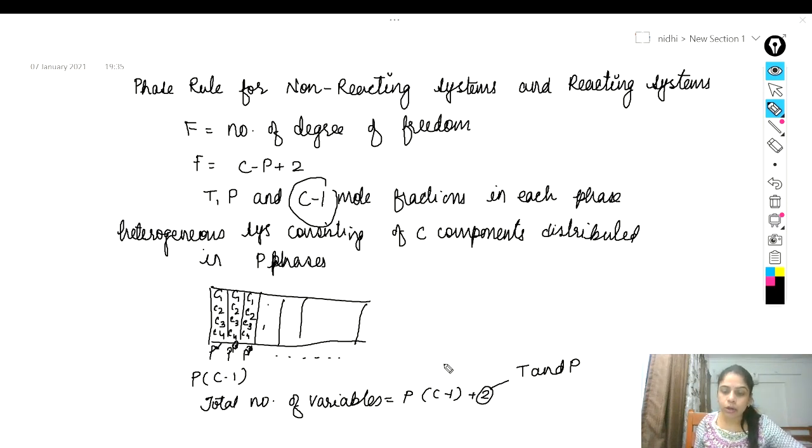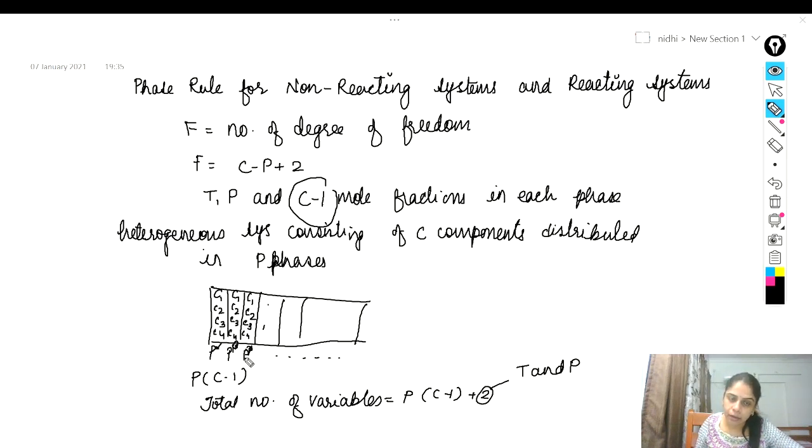So now we look at the relations among these variables. The relations among the variables are also called constraints. The phase equilibrium relation we have already discussed in our last video. The fugacity of a component is the same in all the phases.